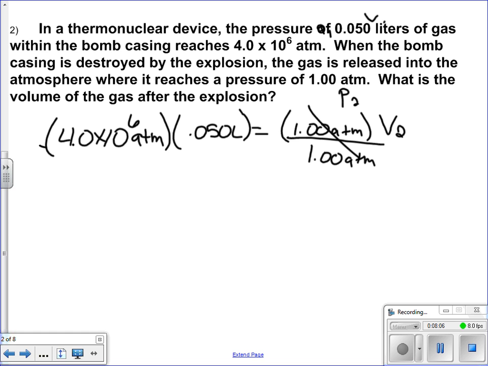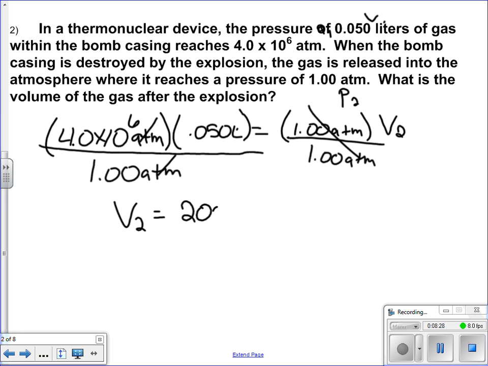You do your algebra any way you want to. My units of atmospheres cancel out, and I'm left with units of liters, which is good because I'm solving for volume. So 4.0 times 10 to the 6 times 0.05, divide that by 1, and you should get that V2 is equal to 200,000 liters.